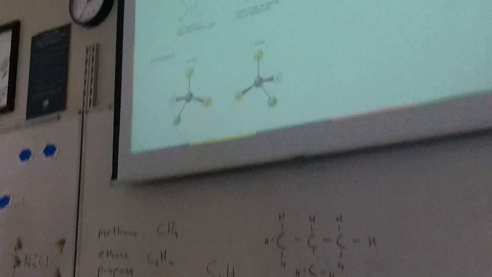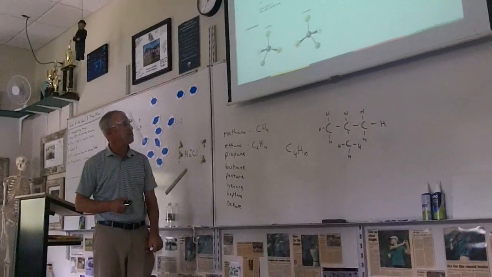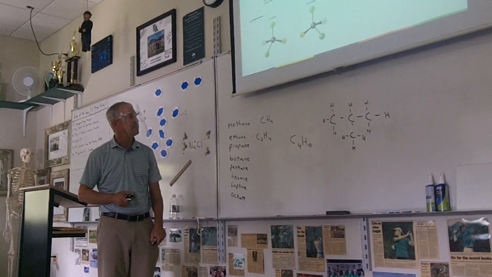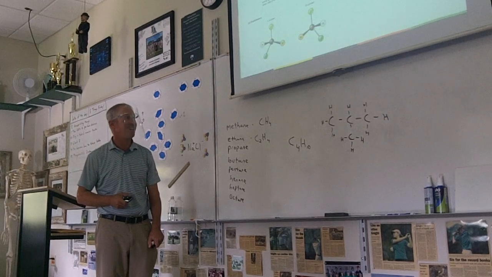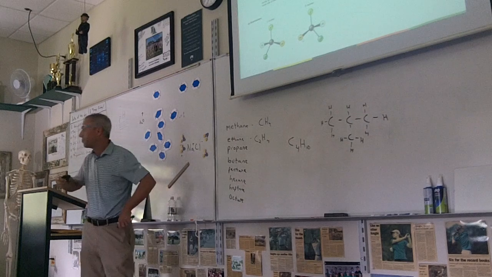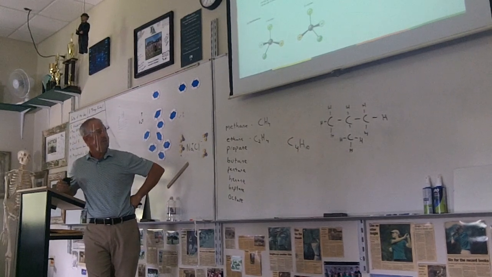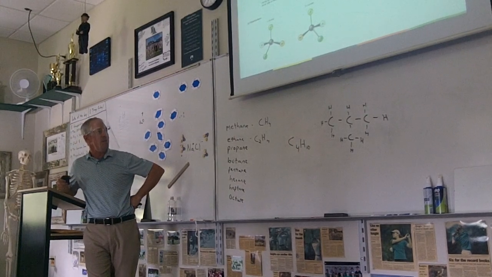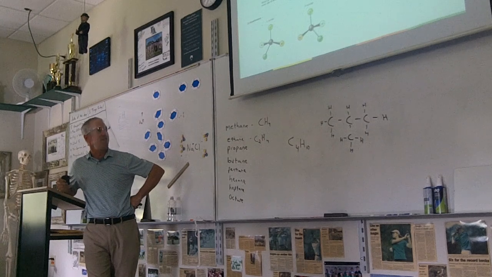They're the same formula, but they're like mirror images of one another. Sometimes enantiomers have the exact same properties, and sometimes they're different. Depends on the molecules. A lot of times it doesn't make much of a difference, but in some ways it does.